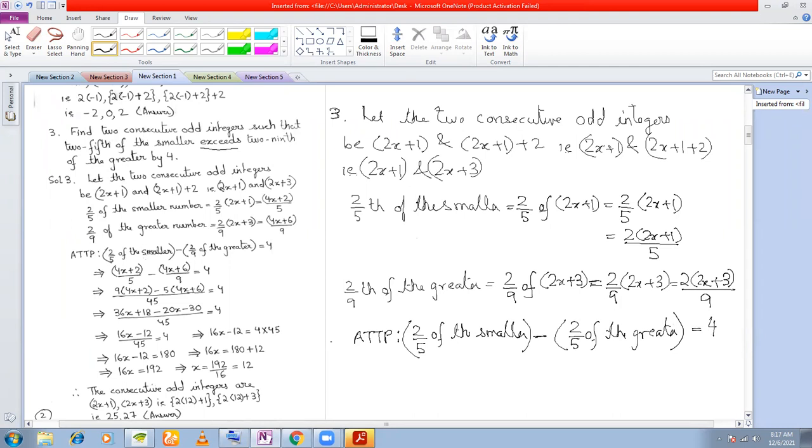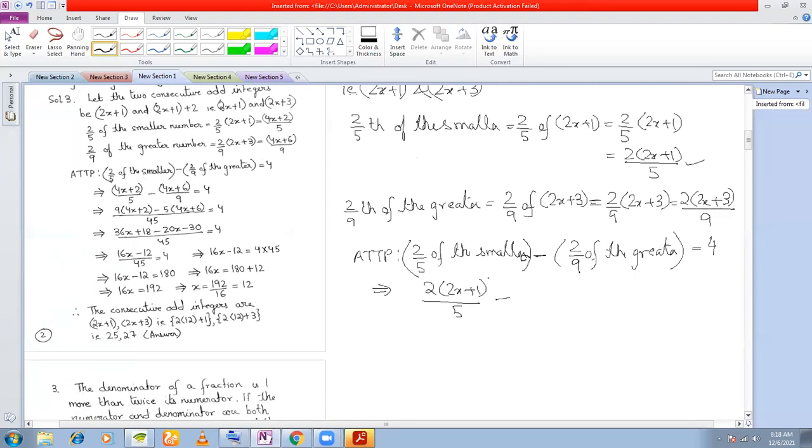So 2/5 of the smaller that we found is twice 2x plus 1 by 5, minus 2/9 of the greater, twice 2x plus 3 divided by 9, is equal to 4.